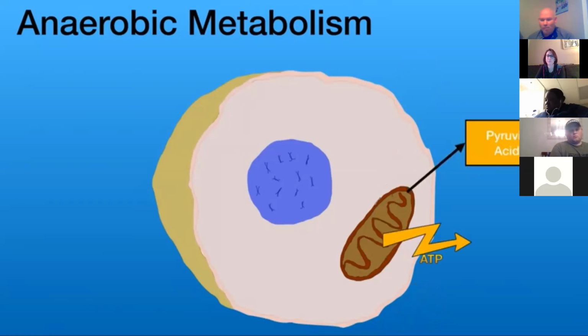Pyruvic acid is then converted into lactic acid. In anaerobic metabolism, the cells are not getting enough energy to really live, so the sodium potassium pumps begin to fail, and we'll talk about what happens with that in another video. But we also have lactic acid buildup in the body, and the body can become acidotic. So that's a brief overview of the difference between aerobic and anaerobic metabolism.